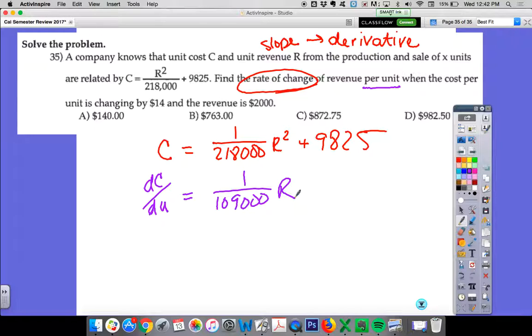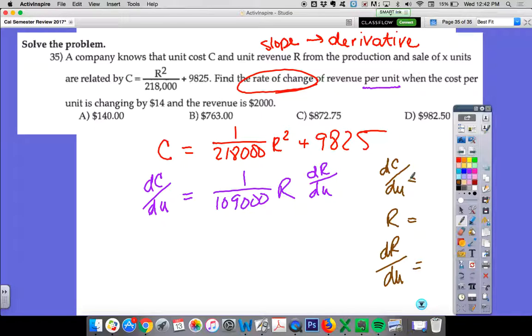Make sure I didn't do something stupid. And then if you take the derivative of that thing, it's 0. But I did forget something here. That's got to have a dr over du on it. So remember we'd come over here and we'd list them all out? We'd do dc over du, we'd do r, and then dr over du.